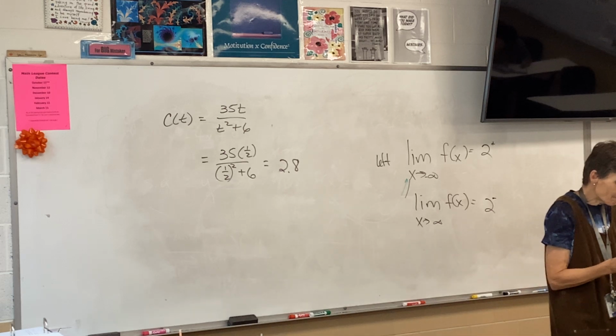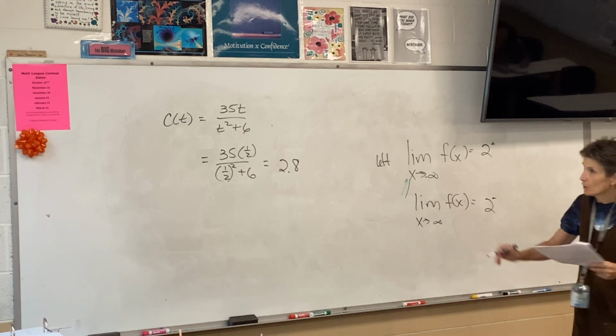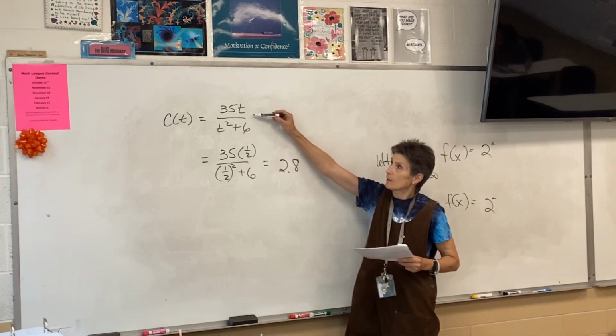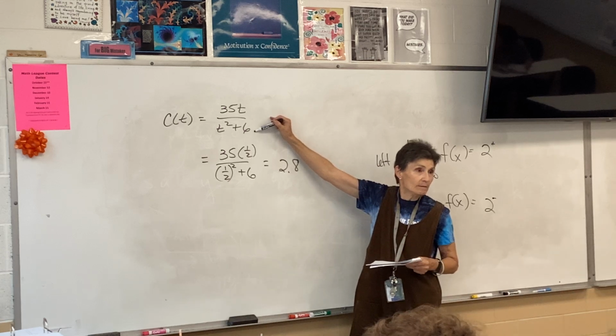After many, many hours, what do you anticipate will happen to the concentration of anesthesia? It gets smaller and smaller and smaller. For large values of T, which grows faster, the numerator or the denominator of our function?